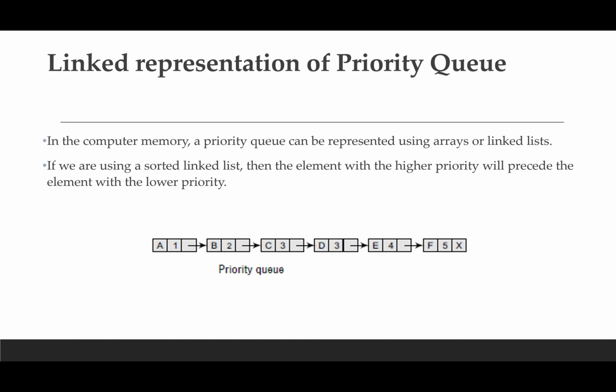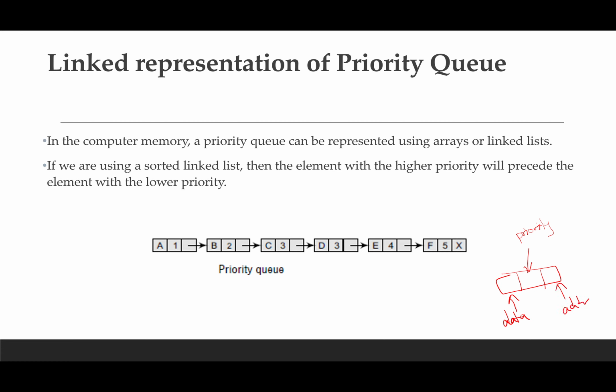When a priority queue is implemented using the linked list, the node is divided into three parts. The first part contains the data or information about that particular node, the second part contains the priority number of the element, and the third part contains the address.